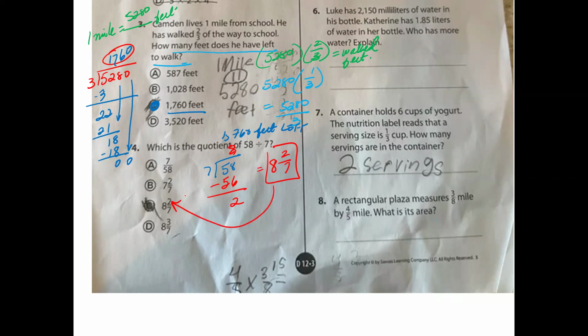I got it. Yeah, with the remainder of 2. Good. So then which one is it? A, B, C, or D? So it's going to be on the left, in the bottom. 8 and 2/7. Okay.